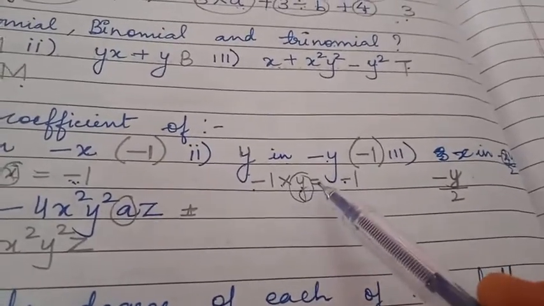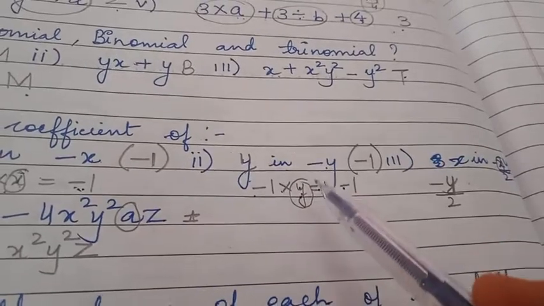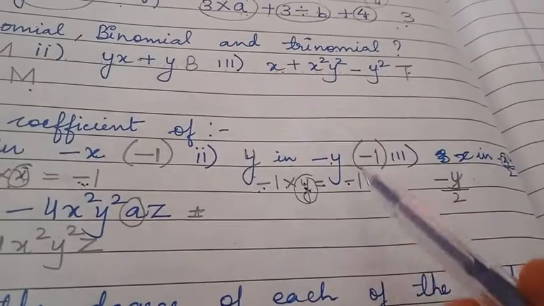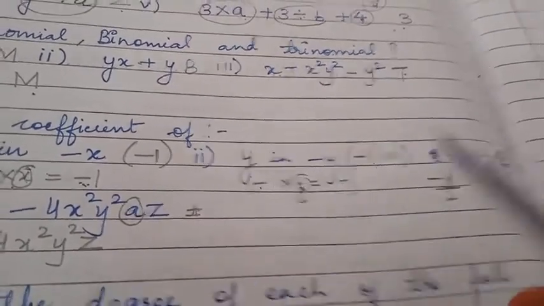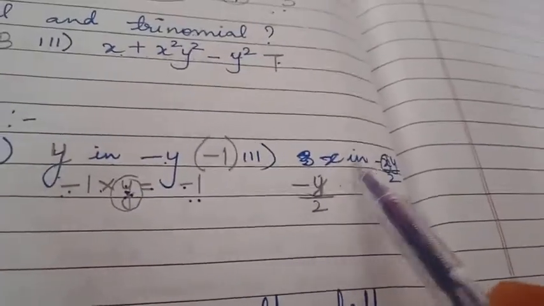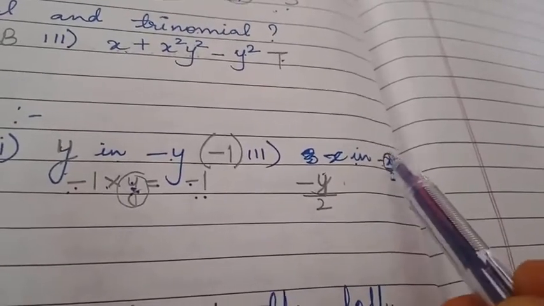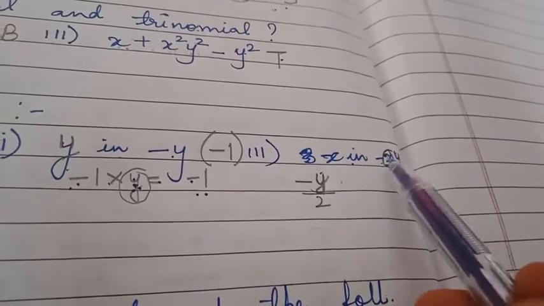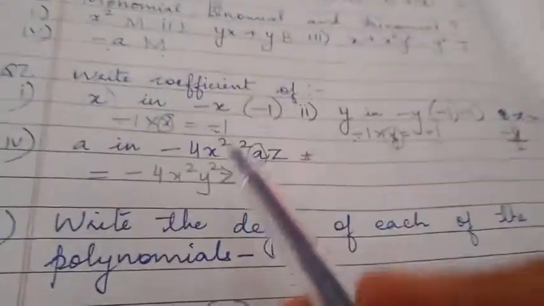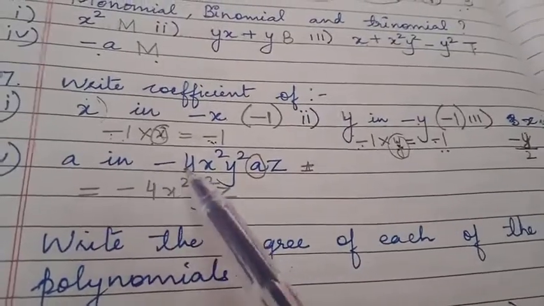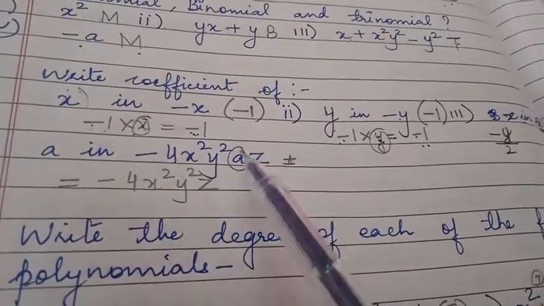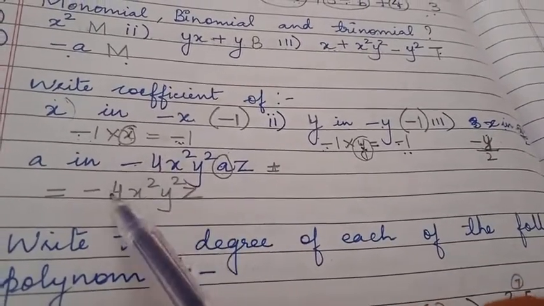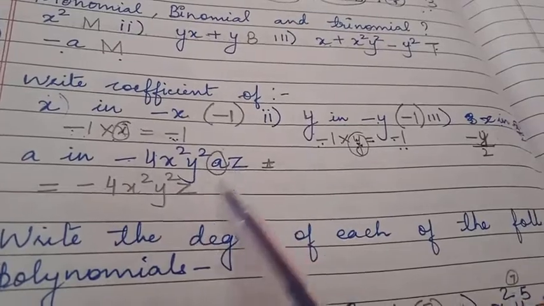So y, since we have to find the coefficient of y, leave y, and whatever is left, that is the coefficient. So minus 1. Next is x in minus xy upon 2. So let us see, other than x, what is left in the given term, minus y by 2. Same way here, a in minus 4x square y square az. So let's see, other than a, what is there in the term, minus 4 x square y square and z.